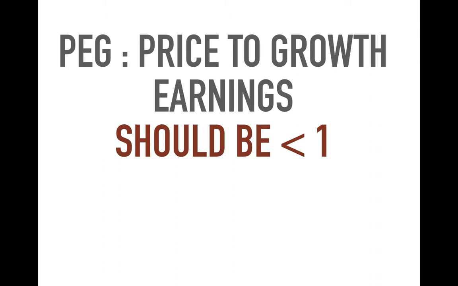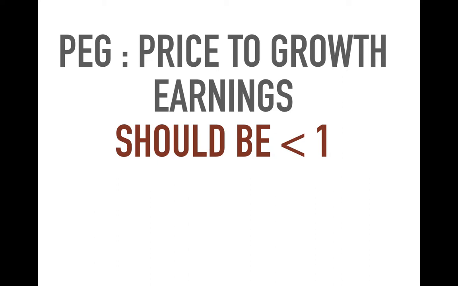The final one I would want to look at is the PEG ratio. The first two ratios are quite common, but this is a little uncommon ratio, but it's picking up. PEG ratio is basically price to growth earnings ratio. So you look at the growth earnings of a company over the last 5 years, and then you calculate what is the growth there. So let's say the earnings was X, and the company grew by 10% in 1 year, and the next year it grew by 15%, and then it grew by 20%.